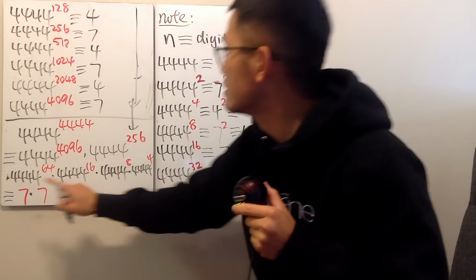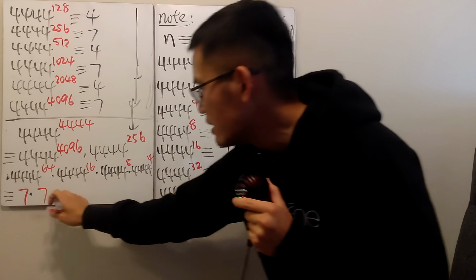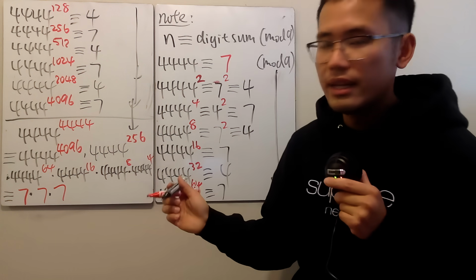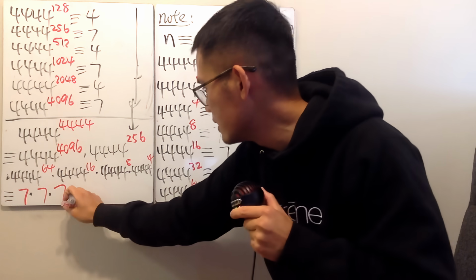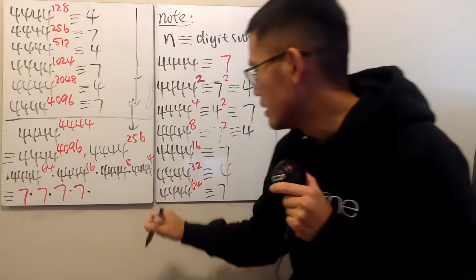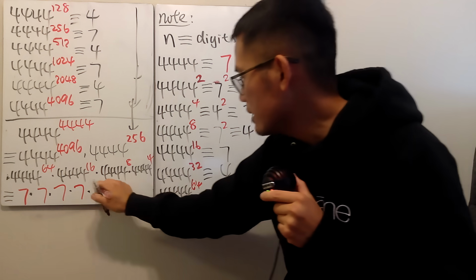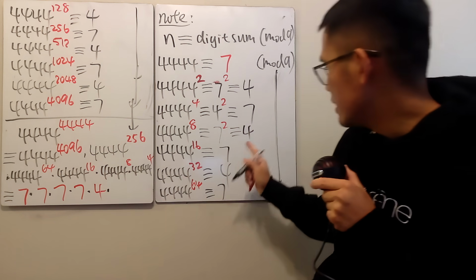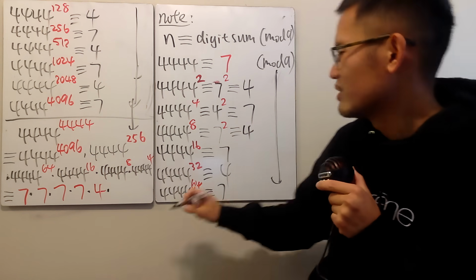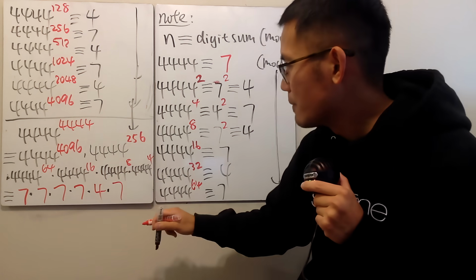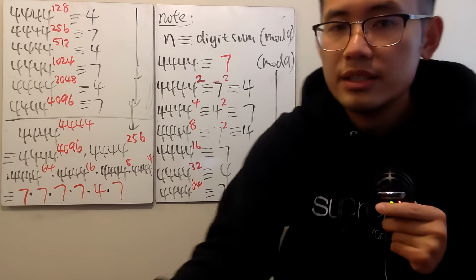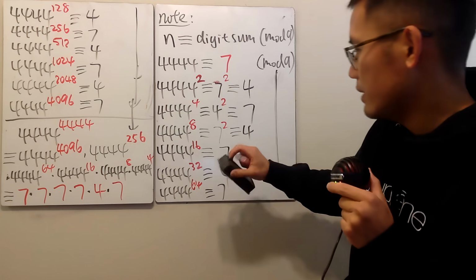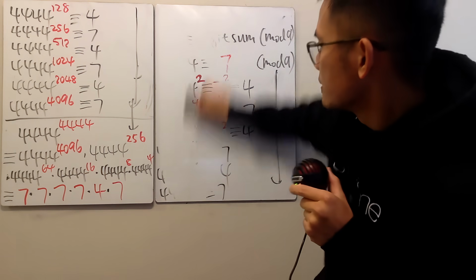And then this 16 is another 7. 8 is congruent to 4, all right? And then 4 is congruent to 7. So this right here is what we have, and I think that is correct.